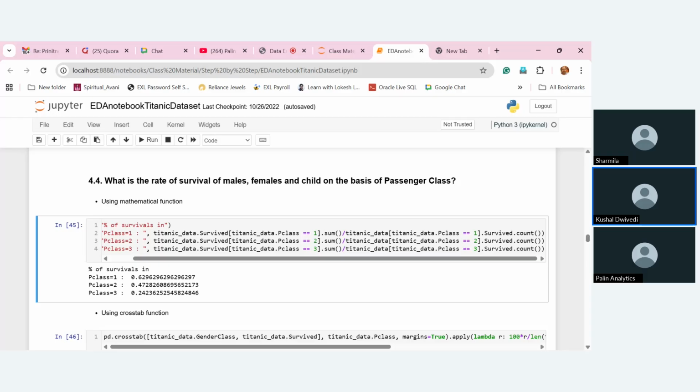Passenger class has a huge effect on the survival chances, right? At the very beginning, I told you that business knowledge, or business assumptions, are very important. So based on the business assumption, can you justify that passenger class one has higher chances of survival?